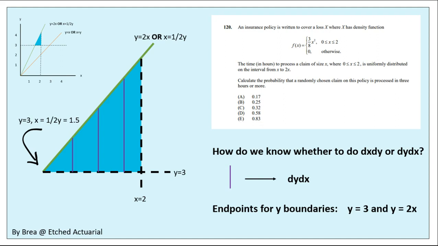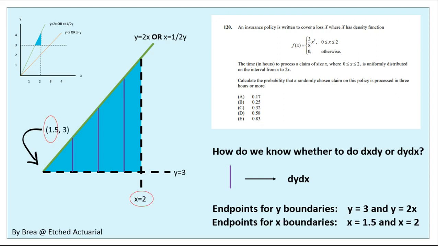We also know that x goes all the way over to the right-hand side to the line x equals 2. So our endpoints for x are x equals 1.5 and x equals 2. And I got those two numbers from the red circled values in the graph on the left-hand side of the screen.